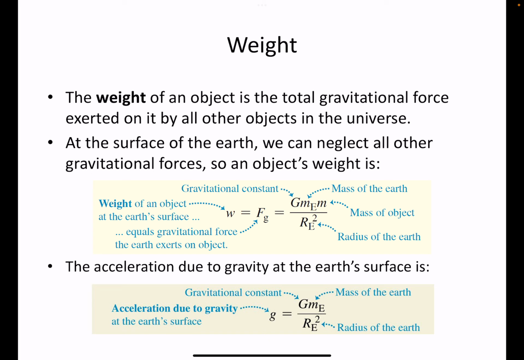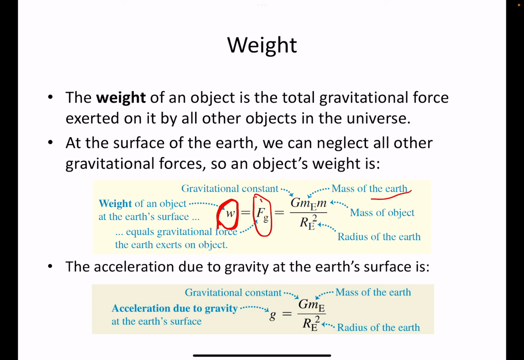When an object is at the surface of the Earth, we can simplify Newton's law to calculate its weight. The weight, noted as W, is a gravitational force. Fg is the gravitational force exerted by the Earth on the object, calculated using the law of universal gravitation.